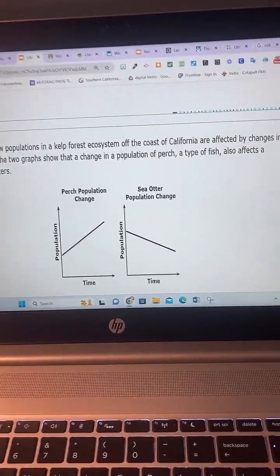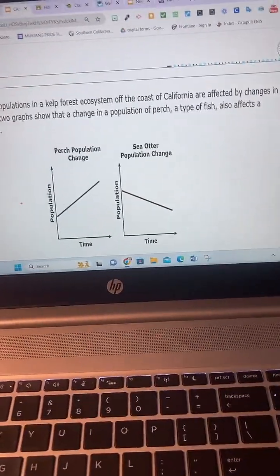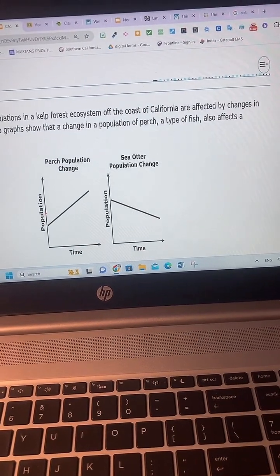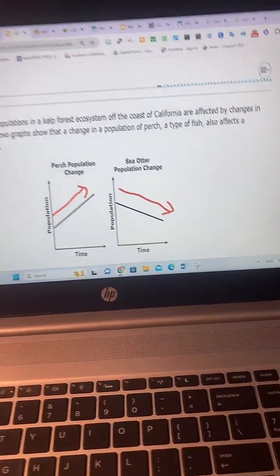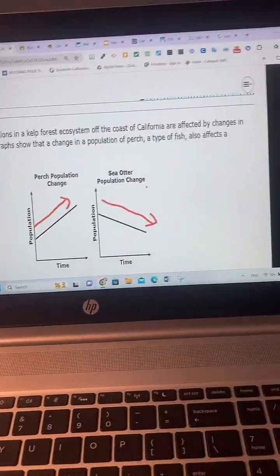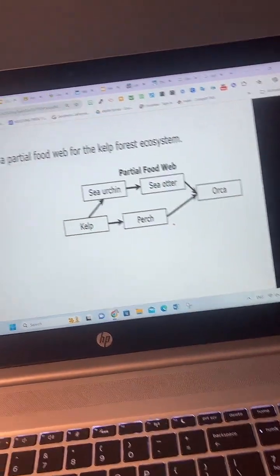A type of fish also affects the population of sea otters. So what you can see is the more perch you have, the less sea otters you have. More gives you less, which is important because that brings us to the actual question.